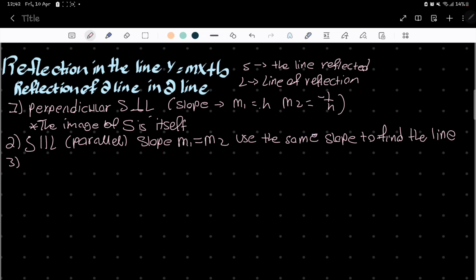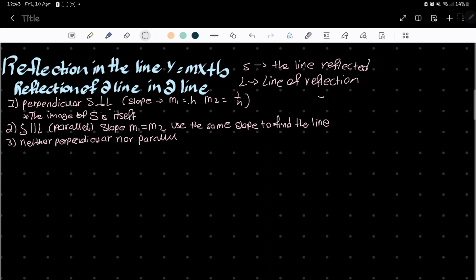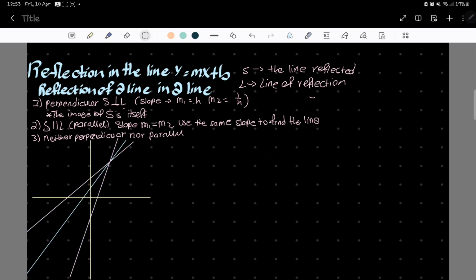The third and final case is when they are neither perpendicular nor parallel. So their graph is going to look something like this. This is how the lines will look on the xy plane coordinate system.